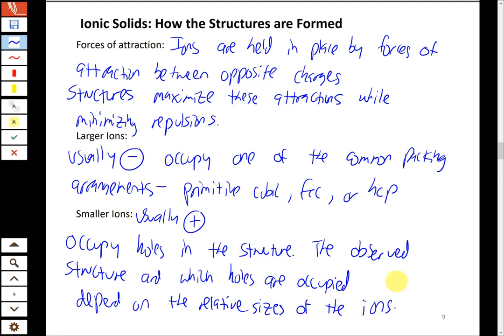So there's basically different types of gaps that a positive ion can force its way into in the structure, and which of those gaps it goes into is going to depend on how big that positive ion is relative to the negative ion that's occupying the other position. So we'll talk about that and how it depends on the comparative sizes of the two.